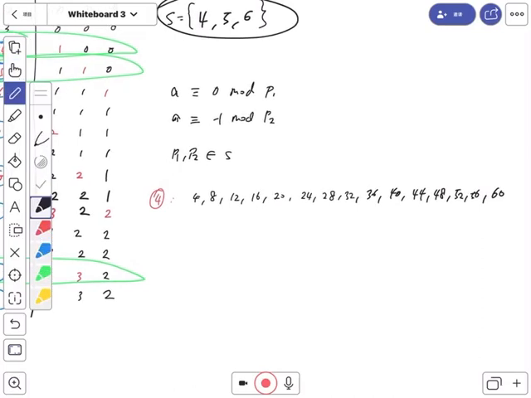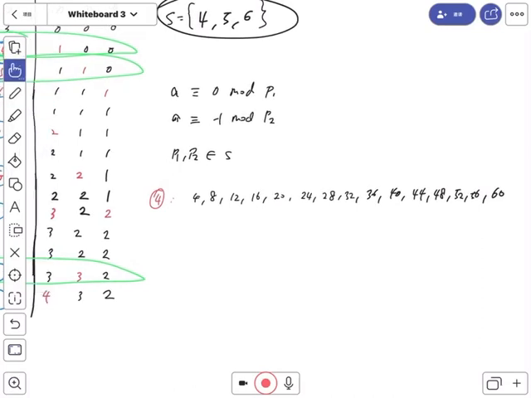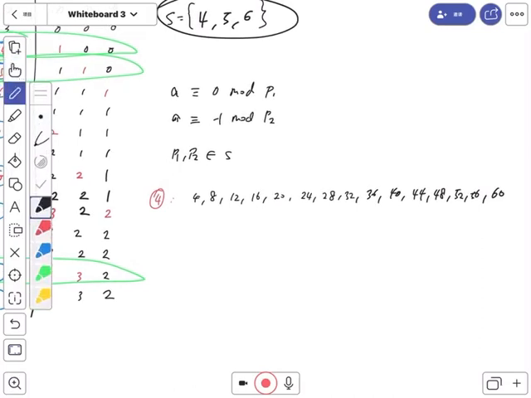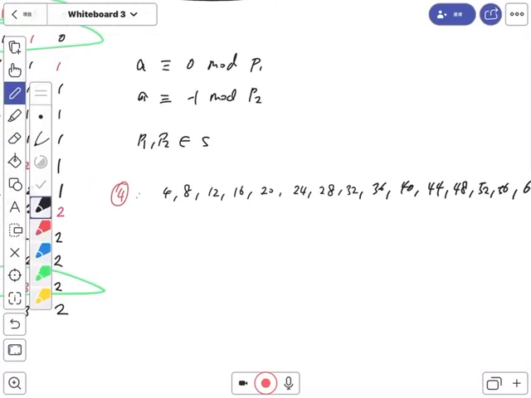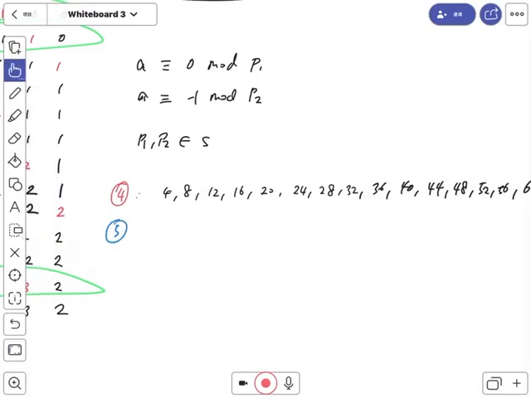Now what about multiples of 5? Let me expand it.